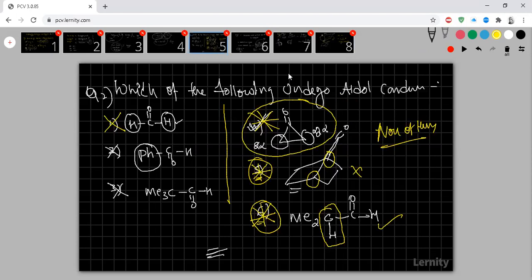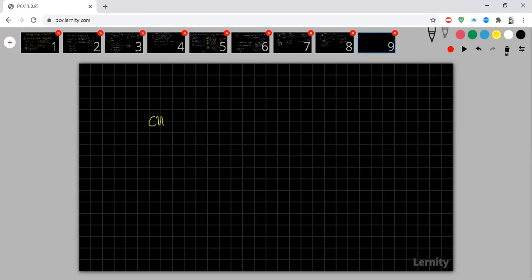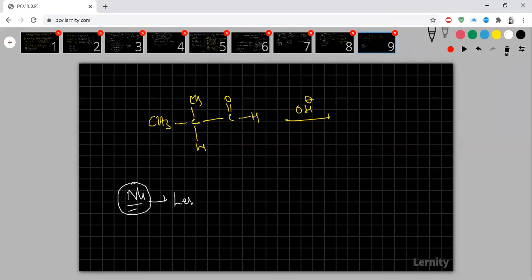Now let's take this one. Here, this is CH3, C, CH3, and hydrogen, and C double bond O H. When we take the OH minus, as we discussed just now, the nucleophile can attack easily at the less crowded C double bond O group, right?